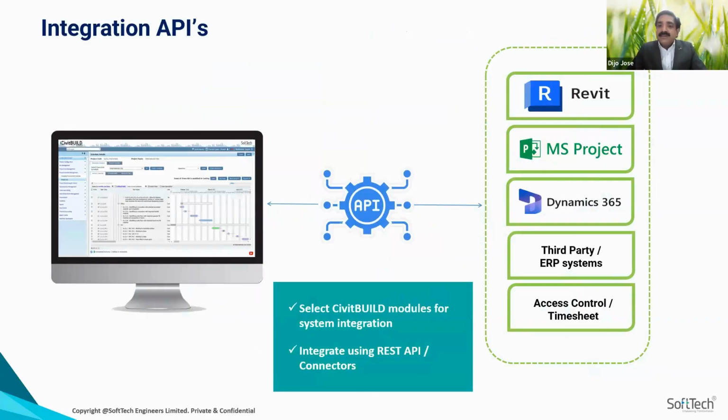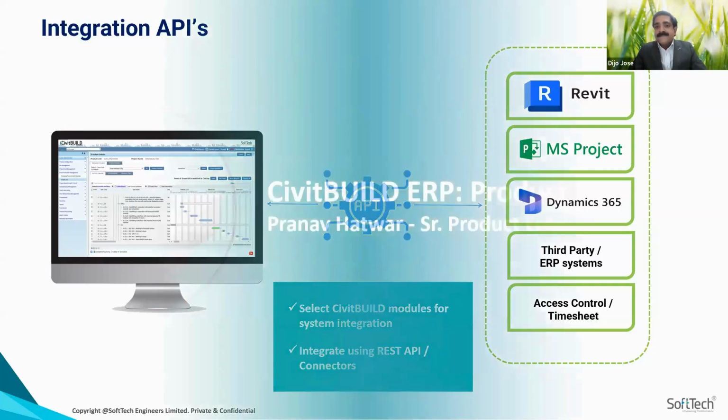And once they implement CivitBUILD for their construction industry, we offer open APIs that enable the IT team to integrate with any third-party application active in that organization. Moreover, if you have any third-party or silo applications that need to be integrated for better decision making, that can be enabled through the open APIs available from the CivitBUILD application.